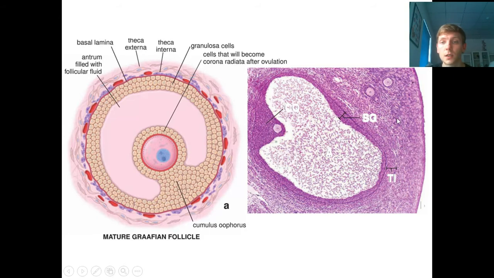Theca externa is just for support of the structure. This Graafian follicle is a very large structure, sometimes reaching 4 to 5 millimeters, and it can be ruptured. It's a structure visible with the naked eye.